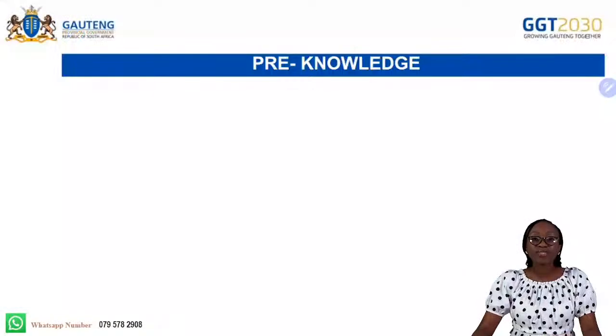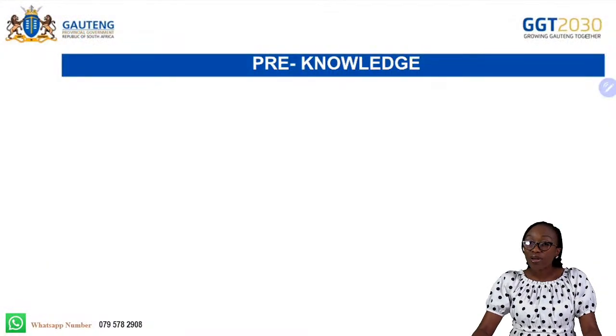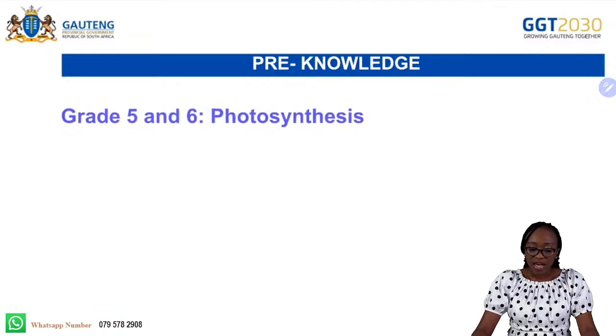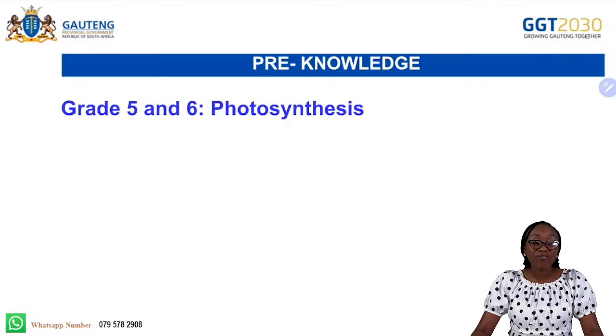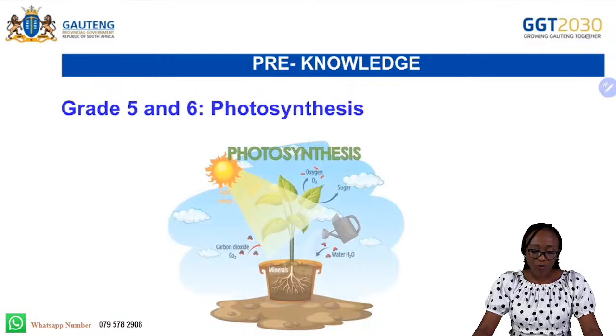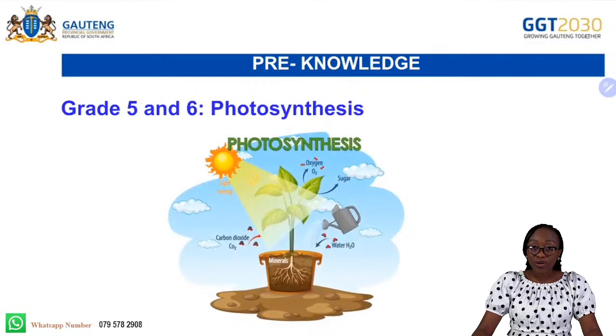All right, now let's move on to pre-knowledge. Here we're going to remind each other of what we've learned in the previous grades. If you remember, in grade 5 and grade 6, we were introduced to the topic photosynthesis. We learned about the different ways in which the process occurs.